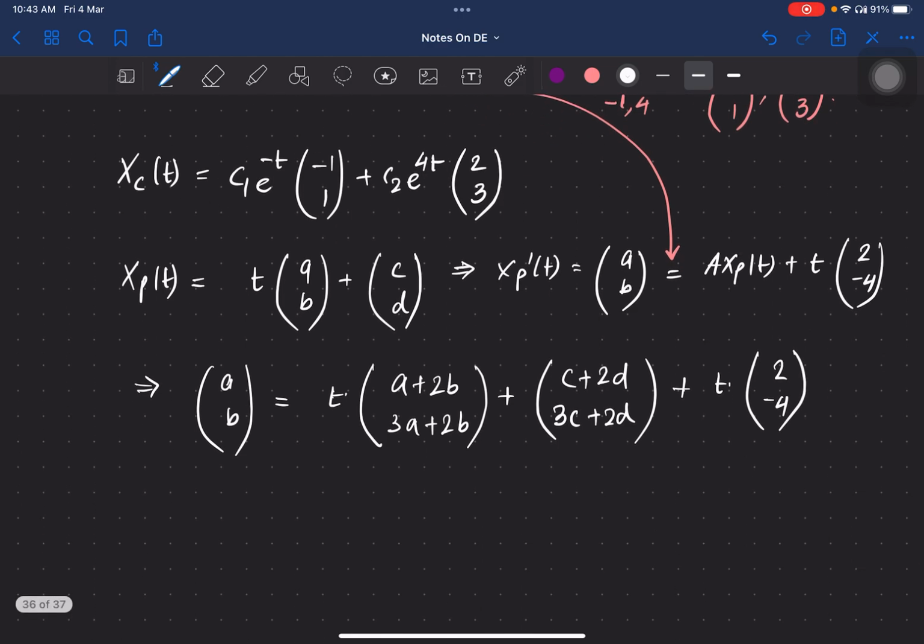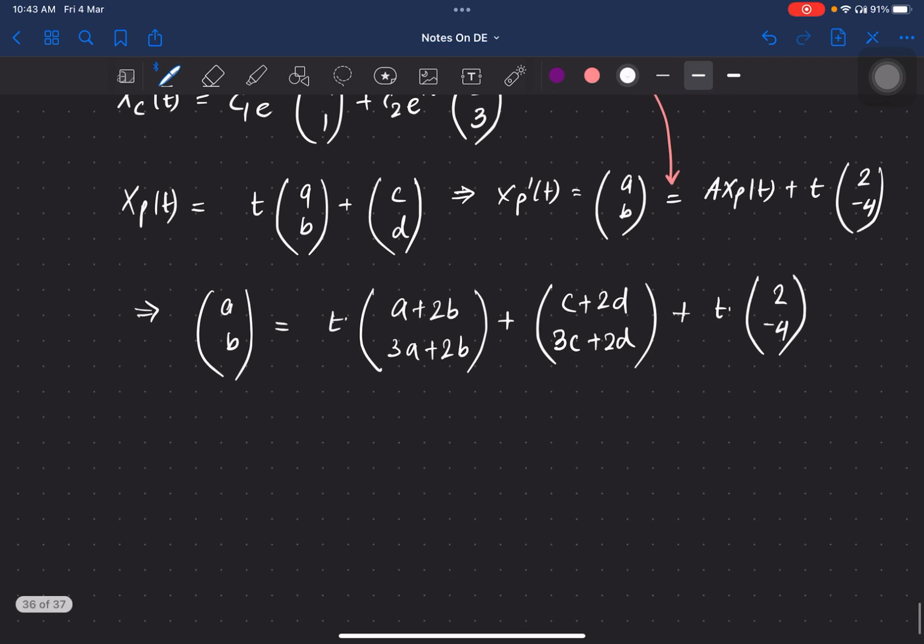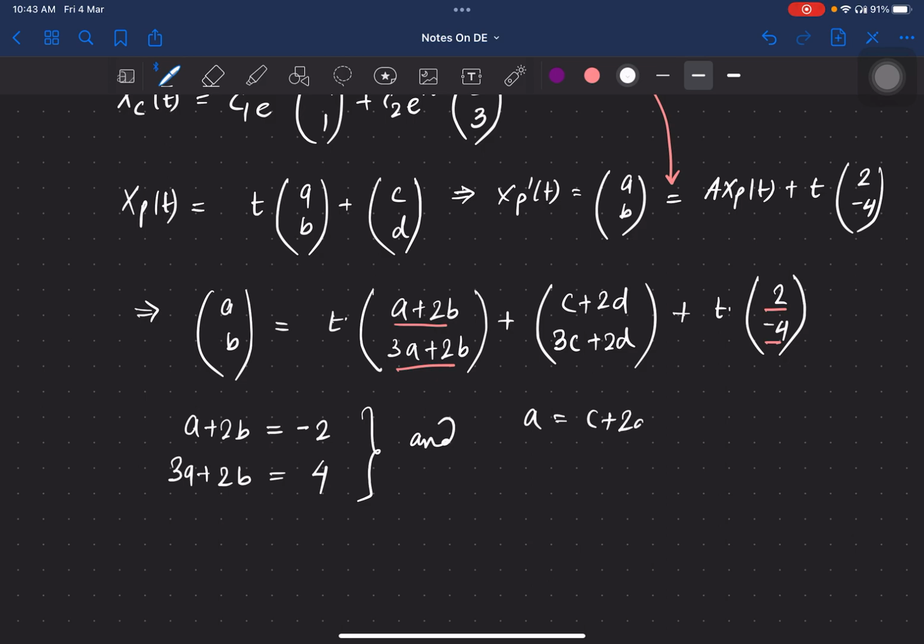Fine. Okay, so now we'll equate the constant terms and the terms containing t. So a plus 2b equal to minus 1 and 3a plus 2b equal to minus 2, that is the system I have, and a equal to c plus 2d, b equal to 3c plus 2d.